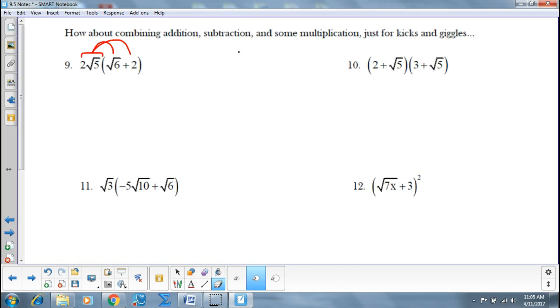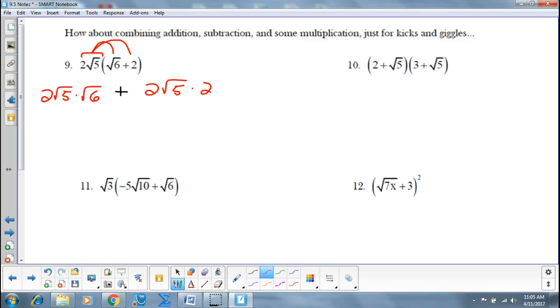So then this becomes 2 square roots of 5 times the square root of 6, plus 2 square roots of 5 times 2. And now you've got to simplify.